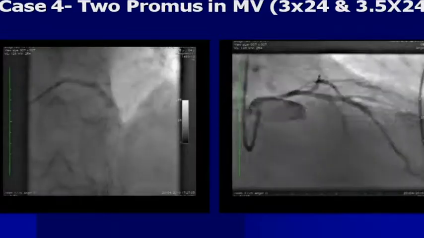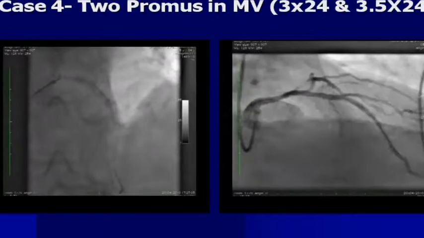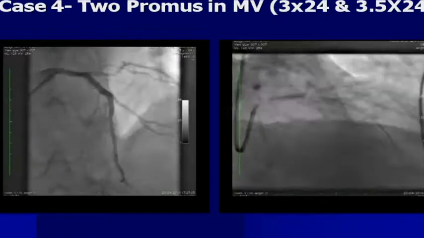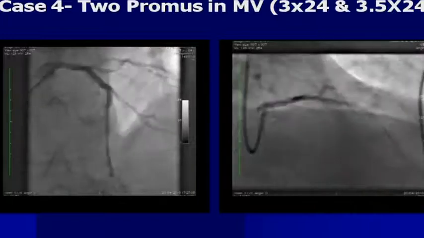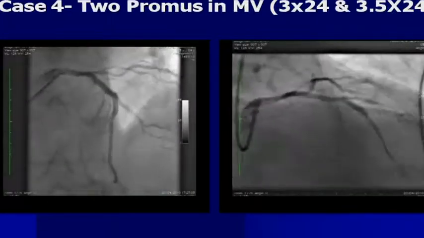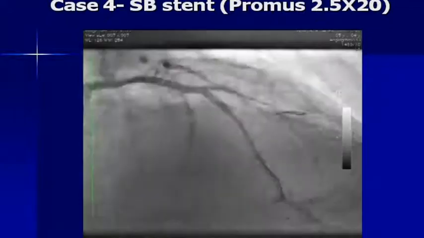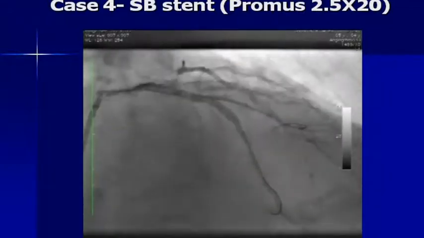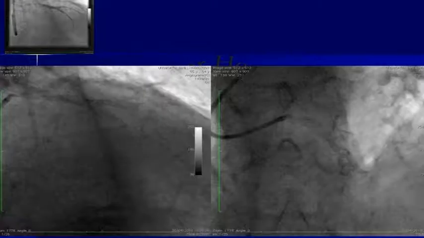Now, you could see the projection is not very good, but in better pictures, there is actually quite extensive dissection beyond the Capella distally. So I knew I had to put another stent through the Capella to treat that bit. And the stent went in with no problem, easily through, and I managed to stent the dissected portion as well. And this was the final result.